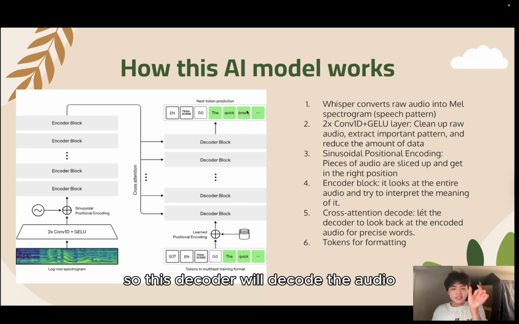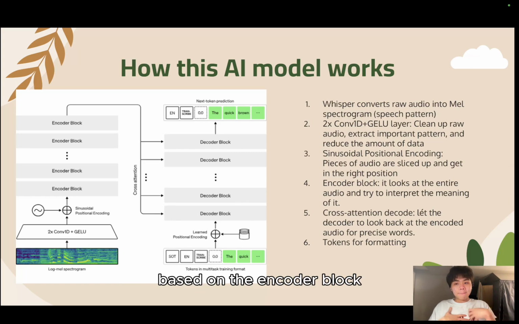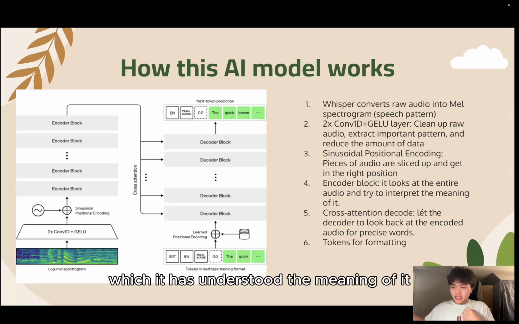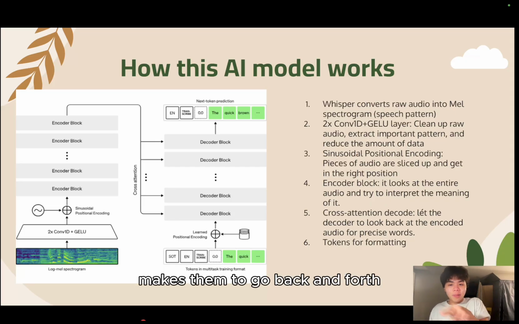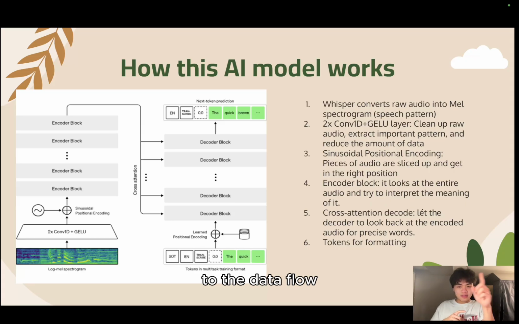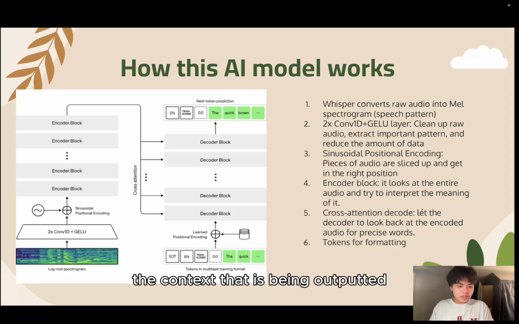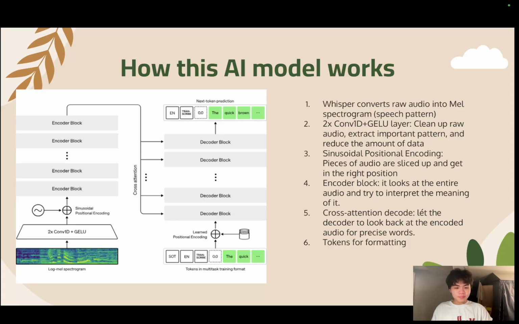The decoder will decode the audio based on the encoder block, which has to understand the meaning of it. This cross attention makes them go back and forth in the data flow so that they understand the context that is being outputted.